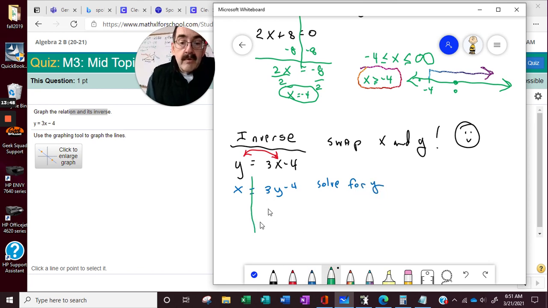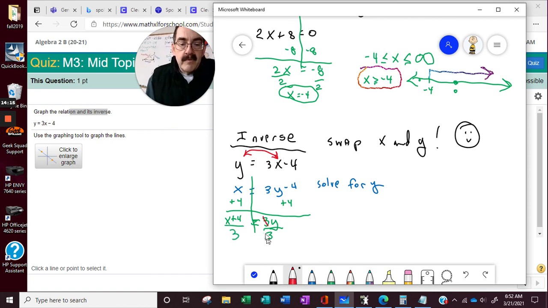Okay? Draw our little fence. Reverse PEMDAS. We have x plus 4. We have 3y. I can't believe I did that. Plus 4. Now, just divide by 3, divide by 3.